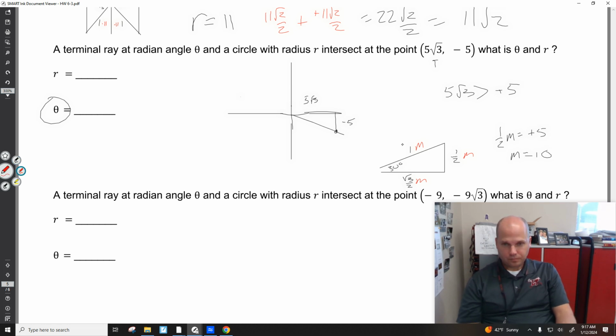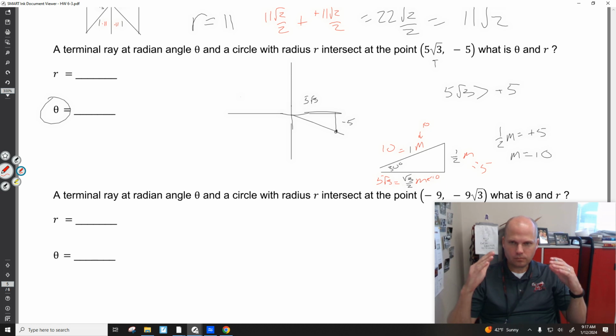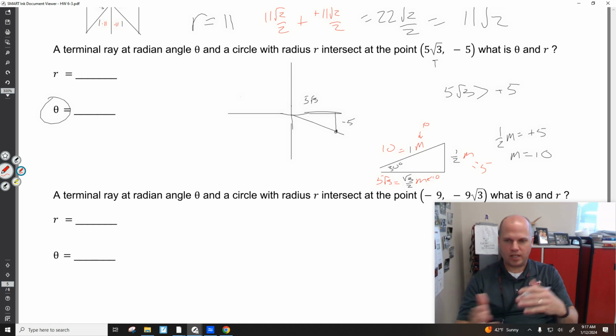Let's see. If m is 10, then this becomes 10, this becomes 5 root 3. This becomes 5, obviously. These are the side lengths you see. You notice if like one coordinate is something root 3 and the other coordinate is just a whole number, it's a 30, 60, 90 triangle.